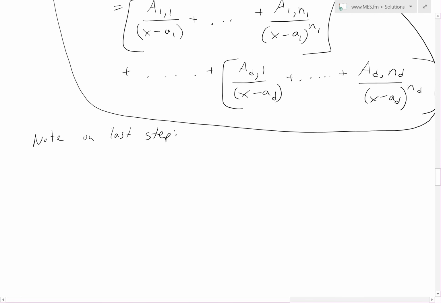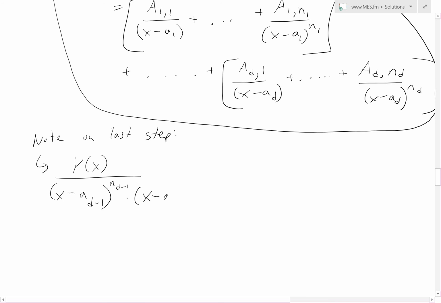So note on the last step, let's say in the last step we get y of x equals x minus the second last term, which is a d minus 1, and this is n d minus 1.